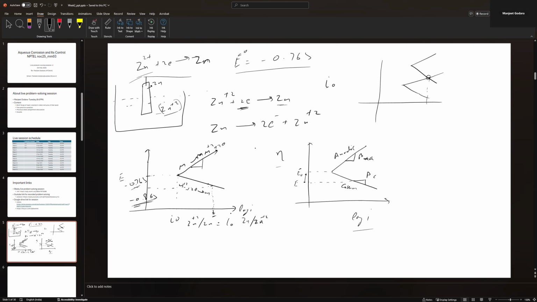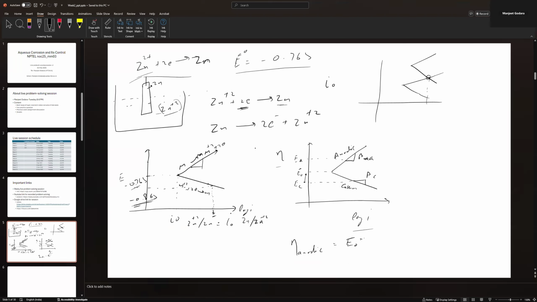This is E. So your eta anodic will be E applied minus E naught.